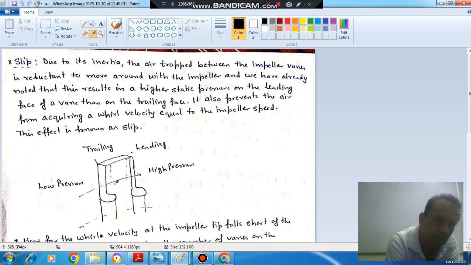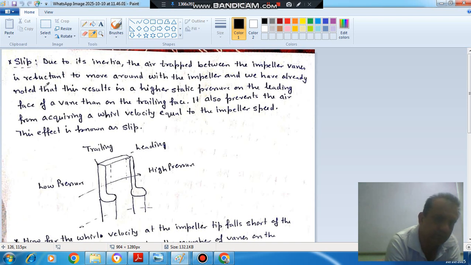It would not attain the velocity of the impeller. It does not stick to the impeller. That's why there is some loss of velocity of air due to this slip. So slip is the main reason for not having the Cw2 component equal to U.